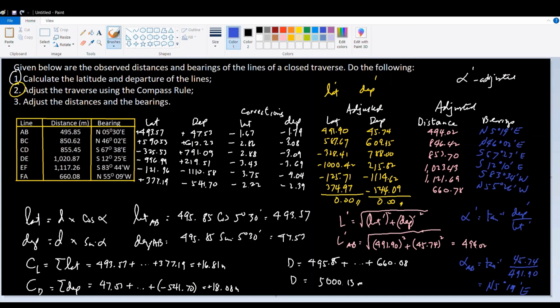Alright? So, those are the adjusted distances and bearings. You can also calculate the linear error of closure based on the misclosure in latitude and the misclosure in the departure. Okay?